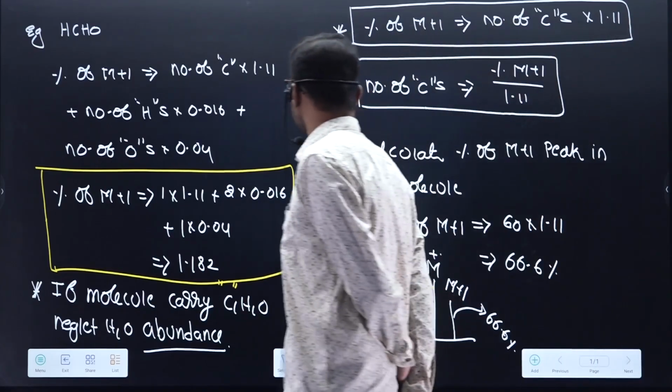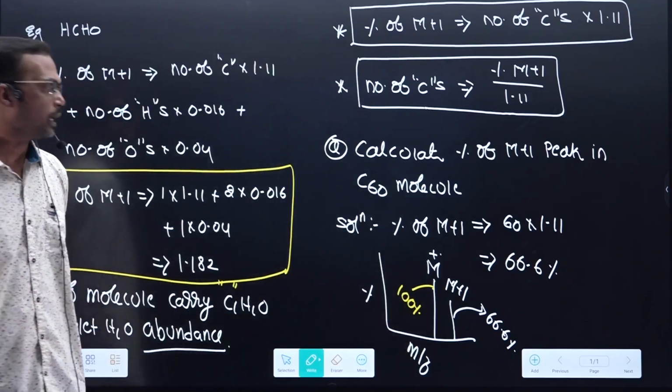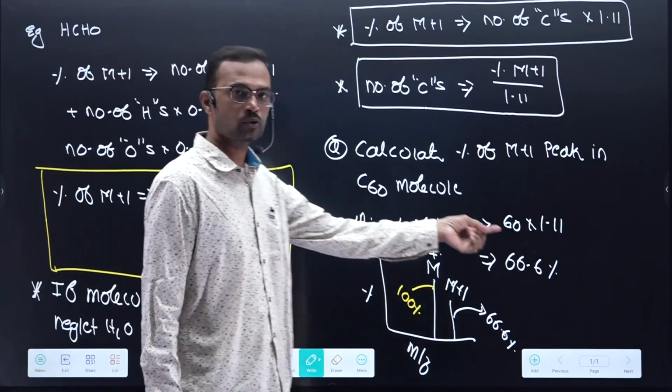This formula is most important in order to calculate the number of carbons. With the help of mass spectrometry, we can calculate the number of carbons in a given unknown sample.